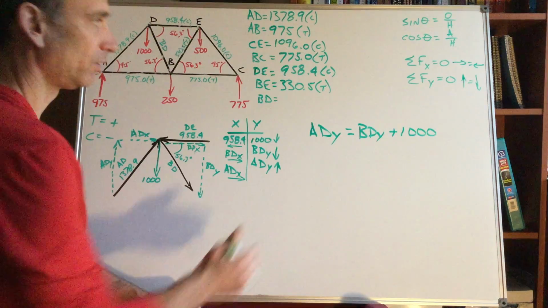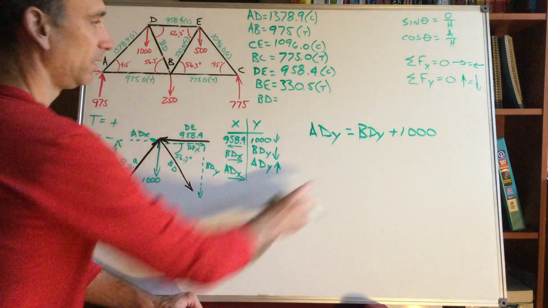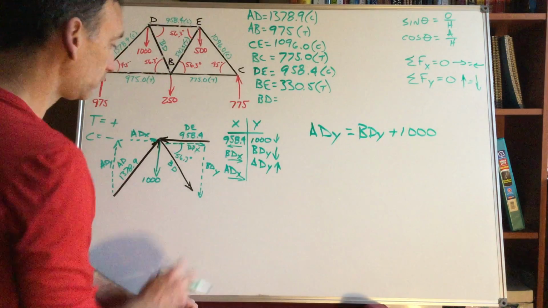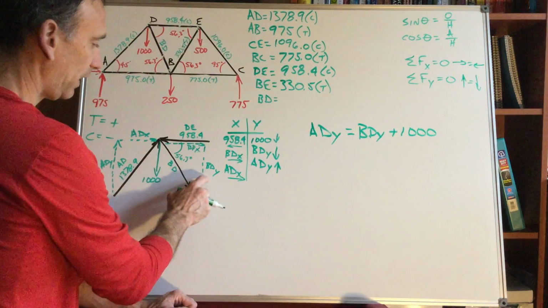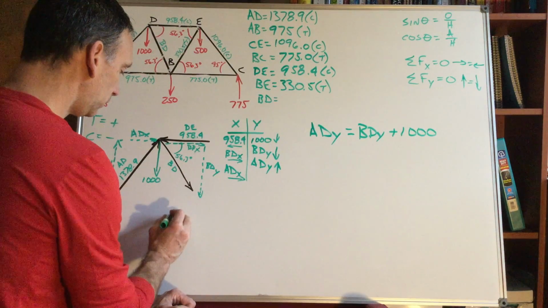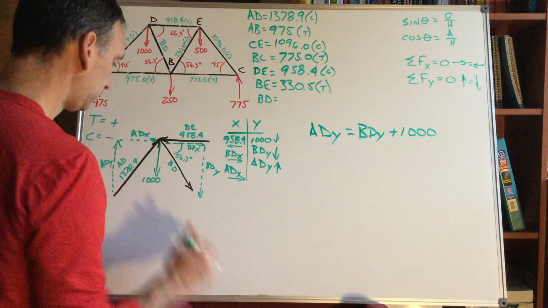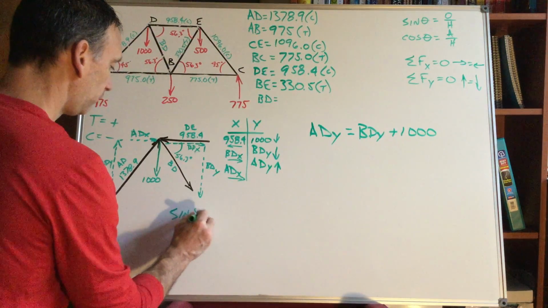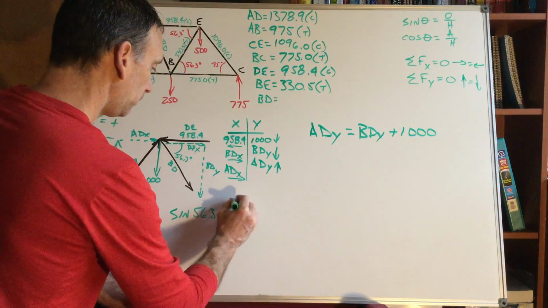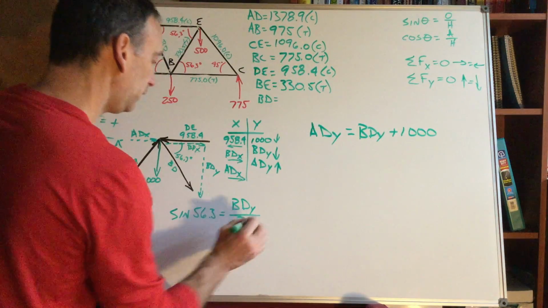Okay, so we've got that. Now, the question is, hopefully you guys remember by this point how to figure out the substitute for BDY. It's just a matter of using SOHCAHTOA. BDY happens to be opposite of our internal angle. So sine 56.3 equals BDY over BD.